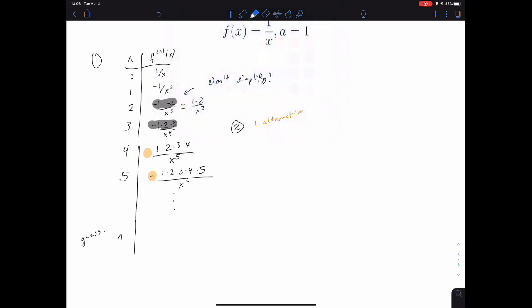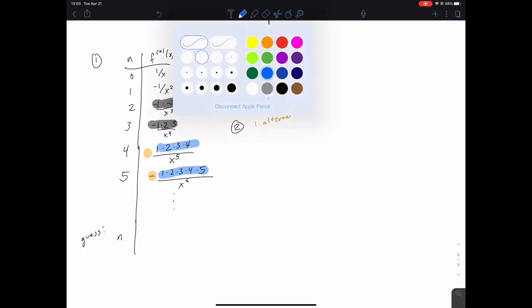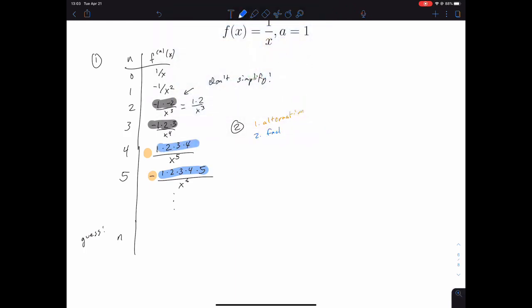I've got whatever this is. So what is that? This is a factorial. Need to take care of that. And the third moving part is I've got this power on the bottom. So basically I looked, and all that's happening each time is it's alternating. I've got a factorial on the top, and I've got an x to the n.